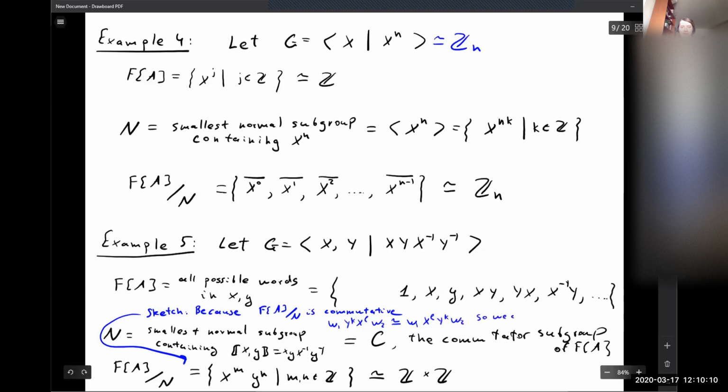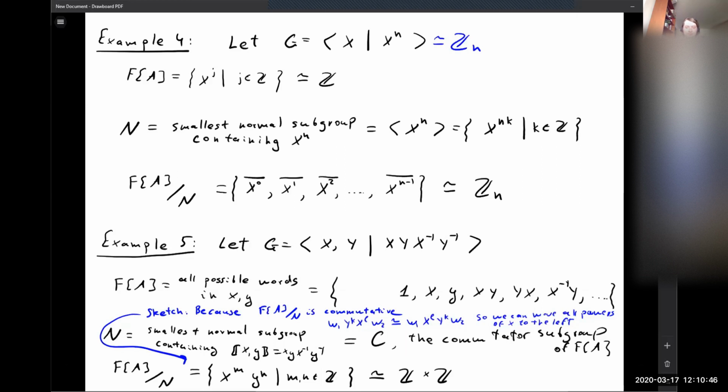So we can move all powers of x to the left and present every element of the quotient group uniquely in this form, as x to the m, y to the n. But again, there are some technicalities. Does it clarify roughly how one would prove that?